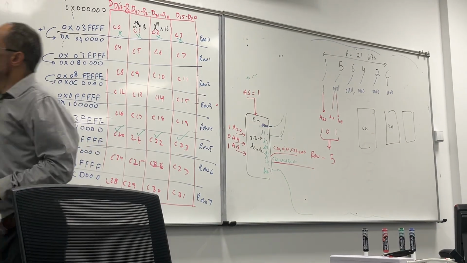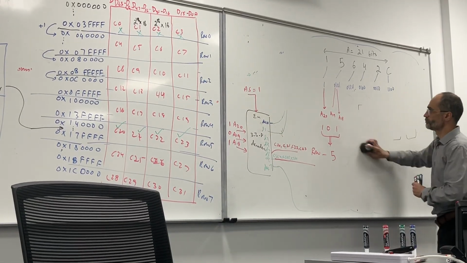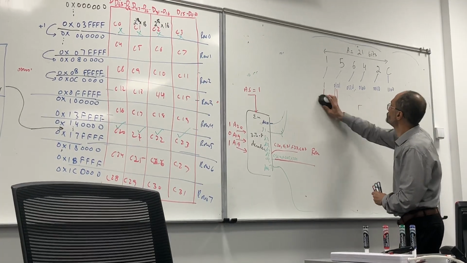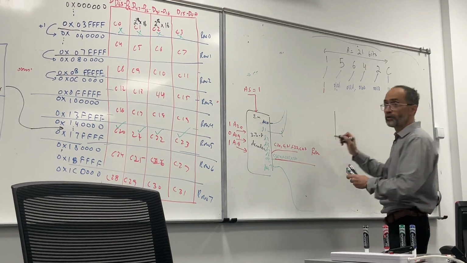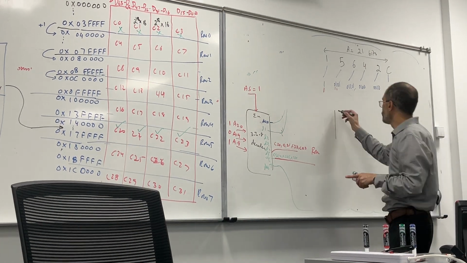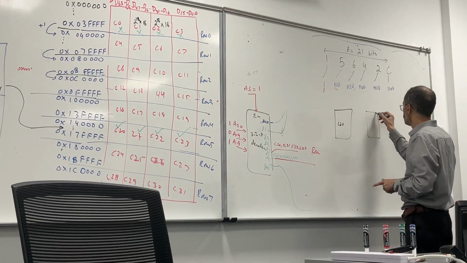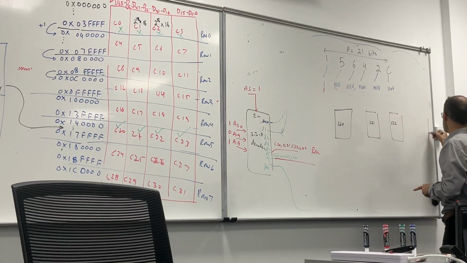I do not have enough space, so now that I explained it here, I'm going to rub this off. So we have 4 chips now. I'm not showing the disabled chips. So we have C20, then C21, then C22, then C23.